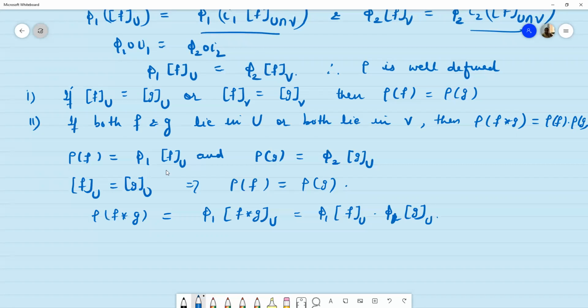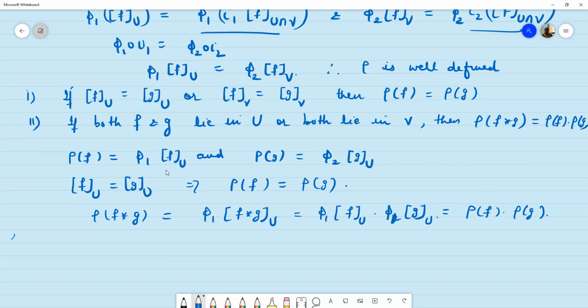Similarly, if they lie in V, then because phi2 is a homomorphism, this condition is also true. So this is rho F times rho G. So these conditions are true for the mapping rho.